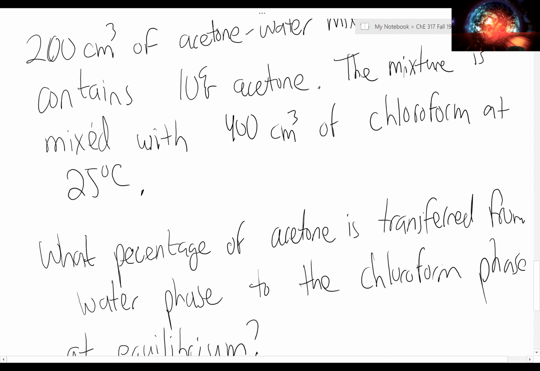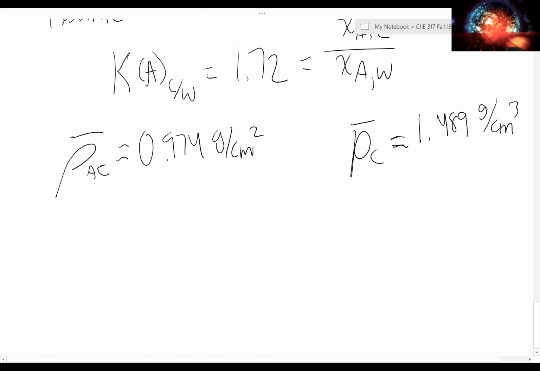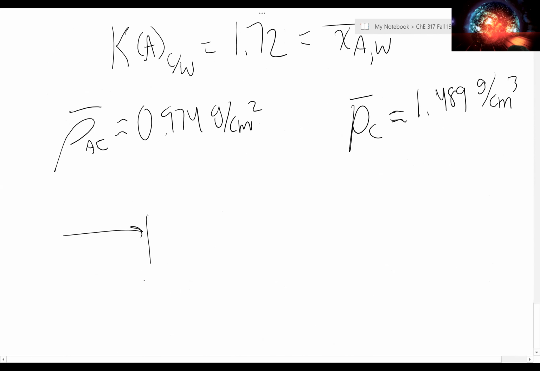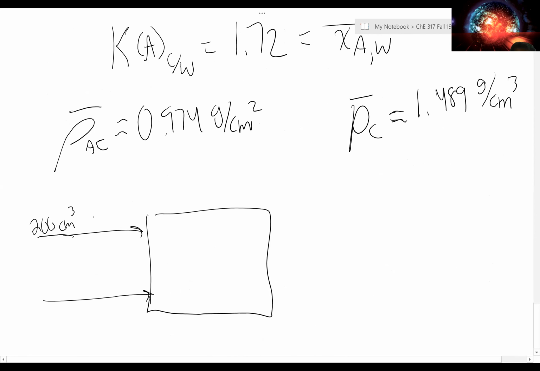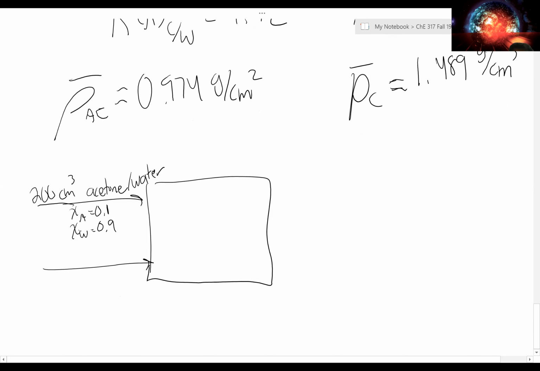Now let's take a look at what we're looking at. So I have 200 cubic centimeters of acetone and water, where the mass fraction of acetone is 0.1, mass fraction of water therefore is 0.9, and then I have 400 cubic centimeters of chloroform.